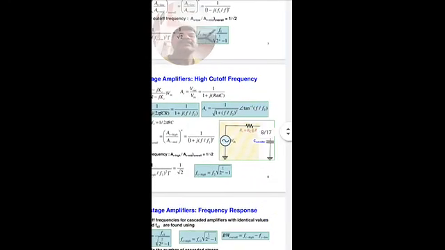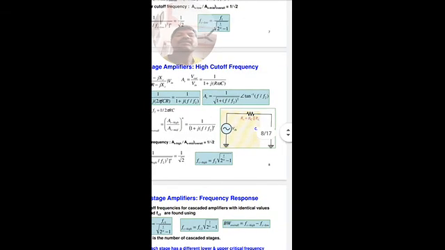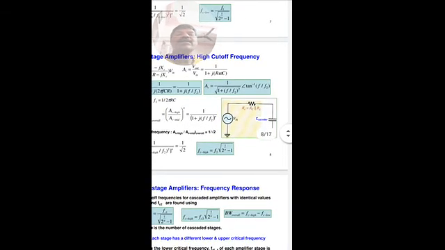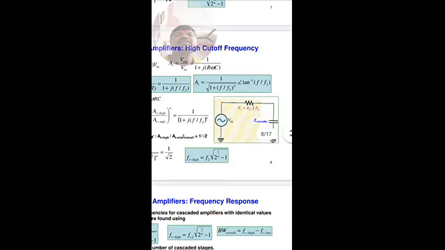So we can write the equivalent circuit in the high frequency region. See here, this is the equivalent circuit in the high frequency region.